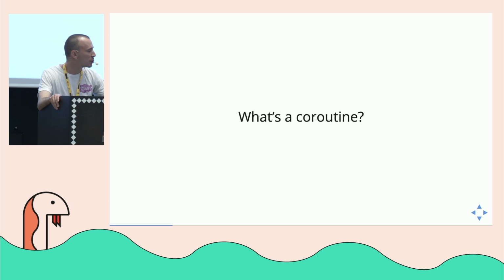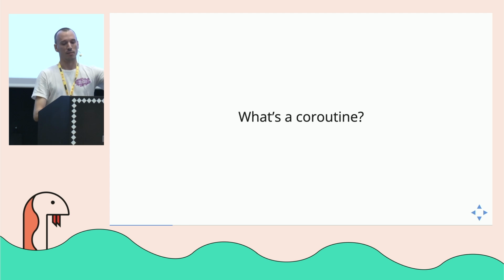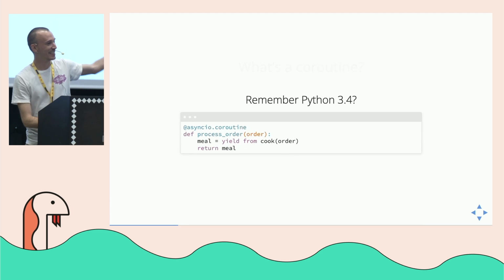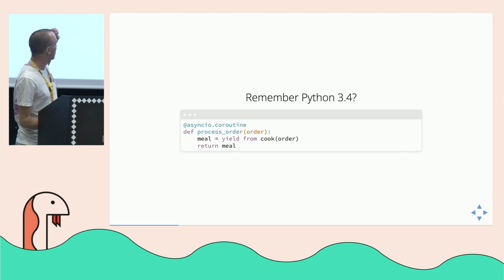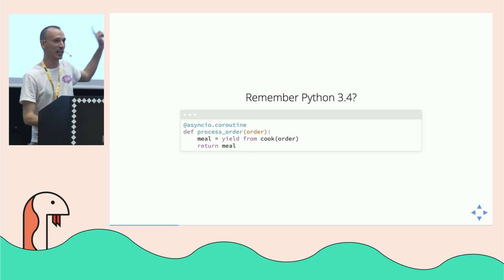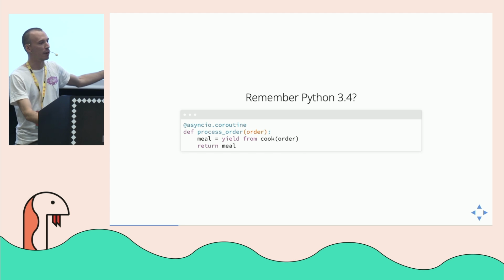Which brings me to the next question, which is, what's a coroutine? Anybody? No? What's a coroutine? Oh, you're going too hard. Slow down. Right. Because I had a hint also on this. It's a generator. Because in reality, if you go back to Python 3.4, we had yield from.